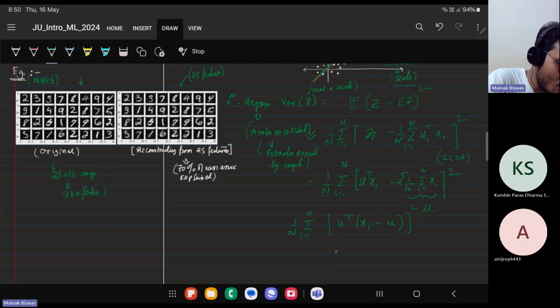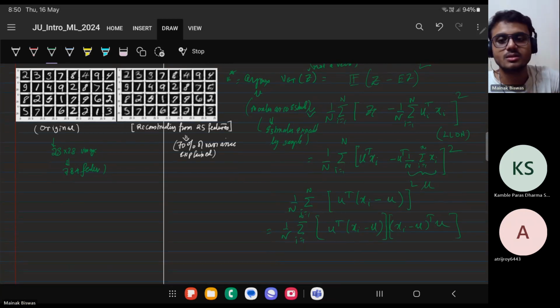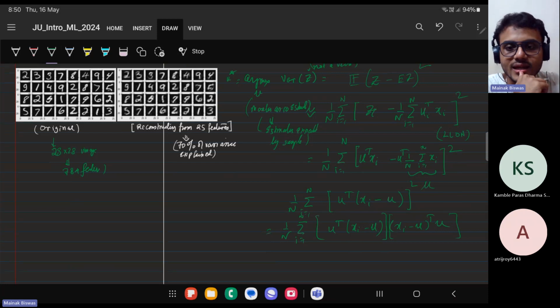So now I can write this as u transpose (xi minus mu) times (xi minus mu) transpose u, where I wrote 2 times a scalar.